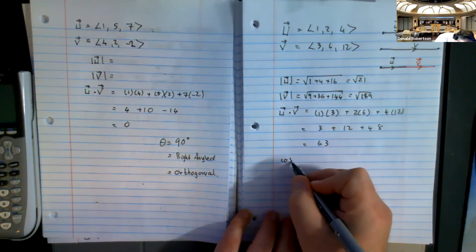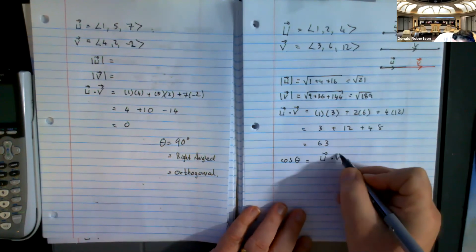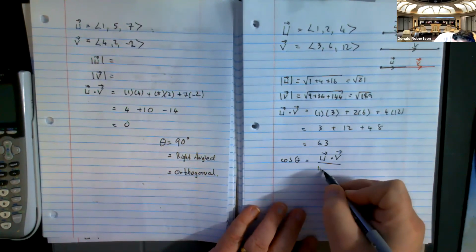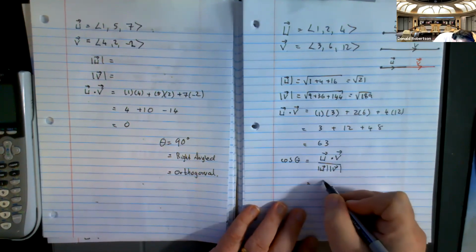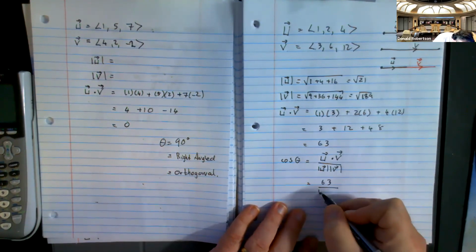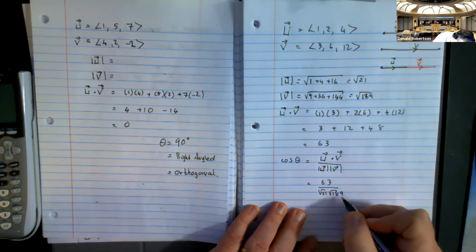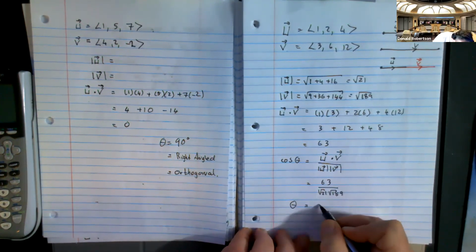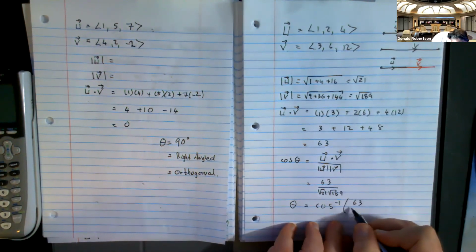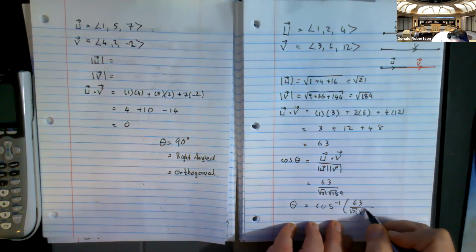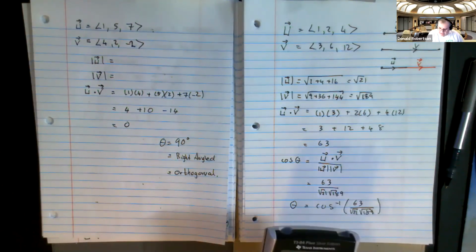So the cosine of theta, which is the dot product divided by the magnitudes, is going to be 63 divided by those two ugly guys, and theta is going to be the inverse cosine of 63 divided by those two guys. I want to get 0.